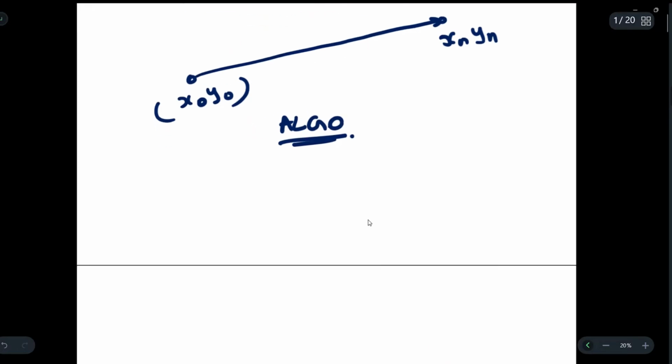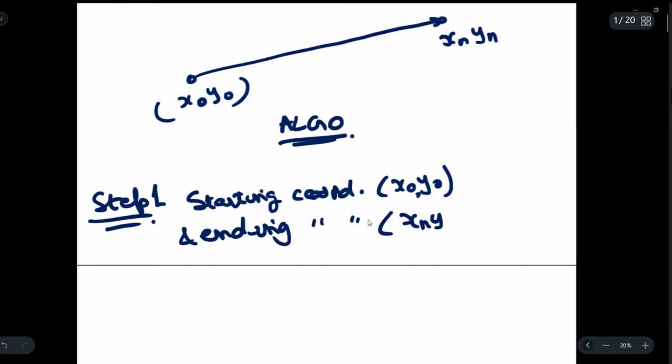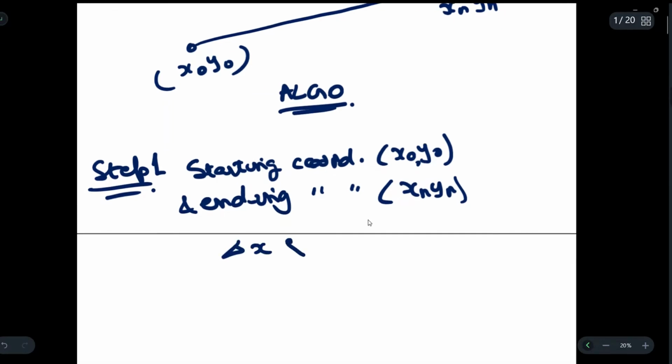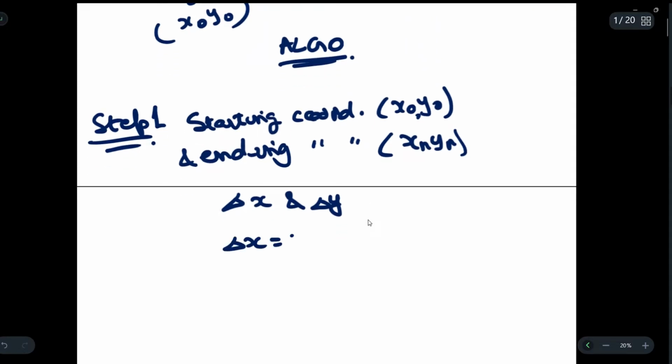Now step 1 of this algorithm is, first of all we will write the starting coordinates, that is x0, y0, and the ending coordinates, that is xn and yn. And now we will find delta x and delta y. You must be familiar that delta x is equal to x2 minus x1, or we can write it as xn minus x0.